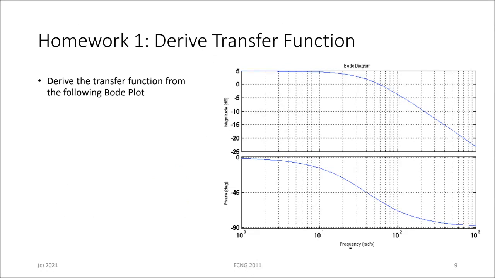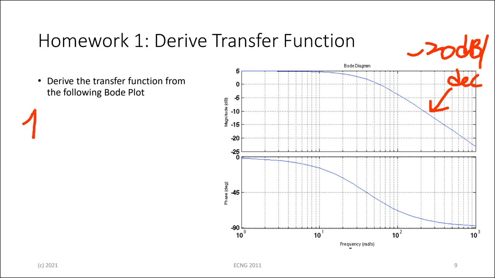Okay, so the first thing you need to get is the corner frequency, right? Because why do you get the corner frequency? Because that tells you where the transfer function is something over something plus p, or whatever the corner frequency happens to be. It's easy to find the corner frequency. You look at this and you check first off, this is decreasing at minus 20 dB per decade, right?